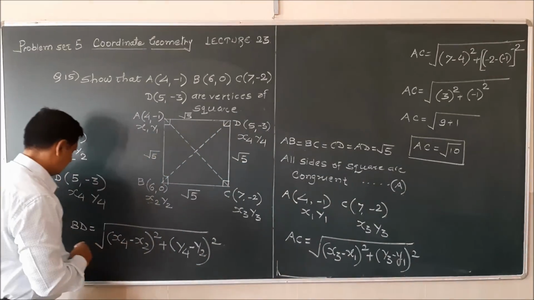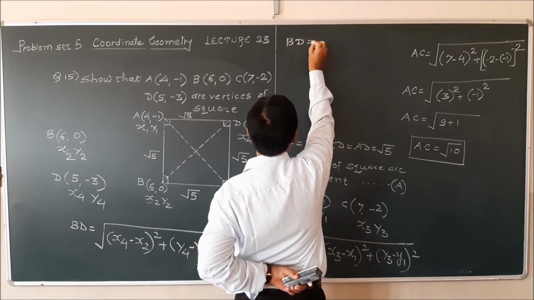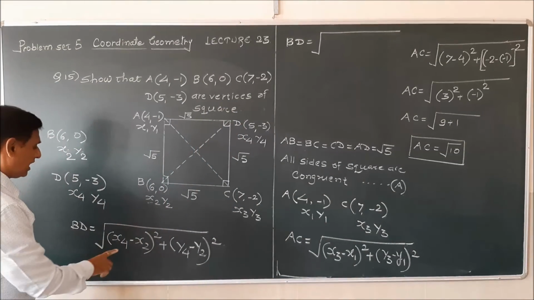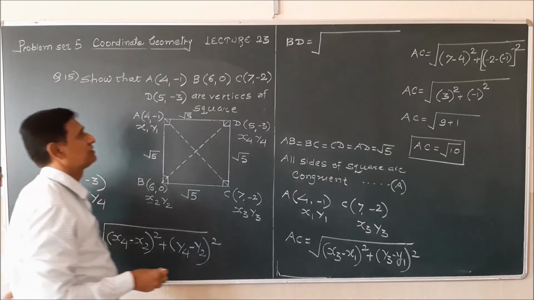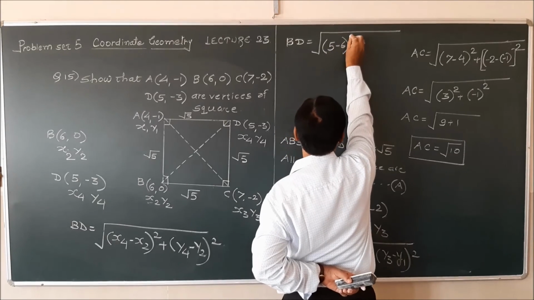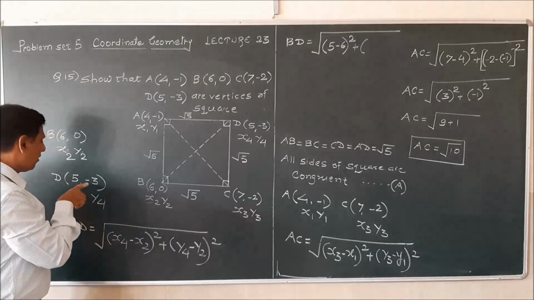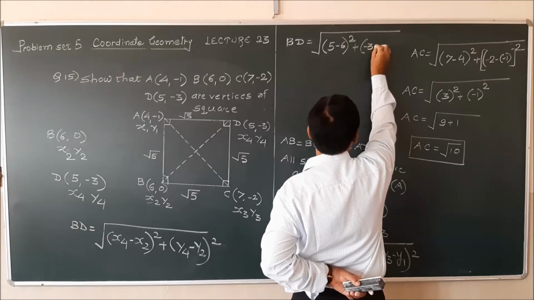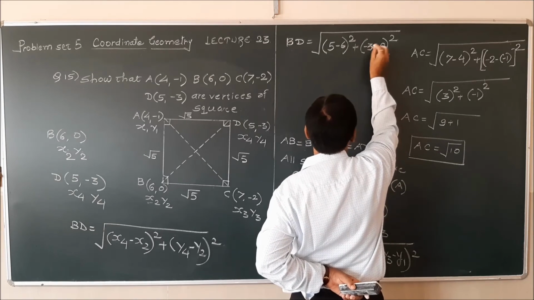Then BD is equal to, next step, substitute the values. x4 minus x2 is 5 minus 6 the whole square, plus minus 3 minus 0 the whole square.